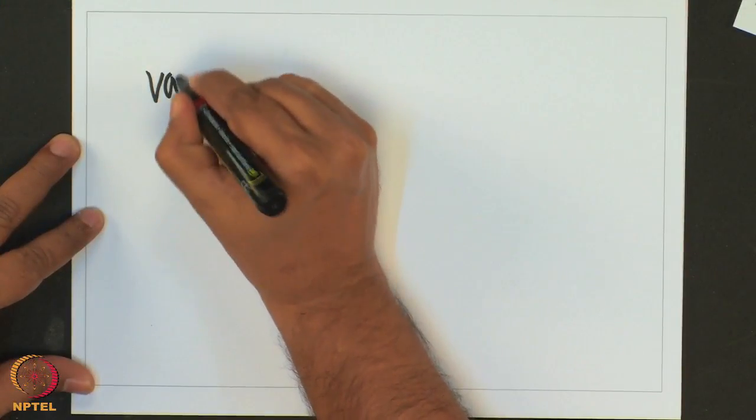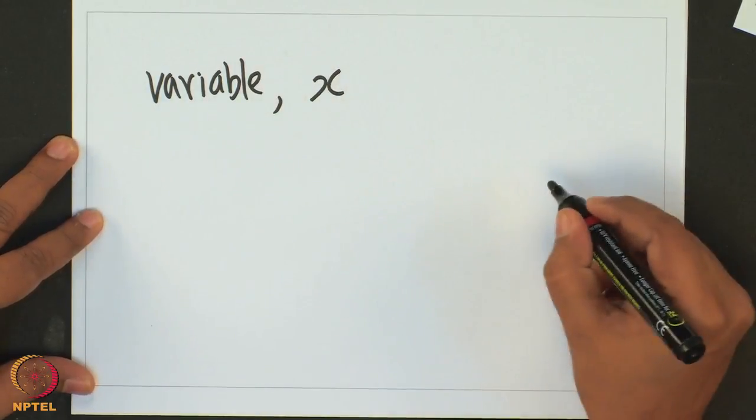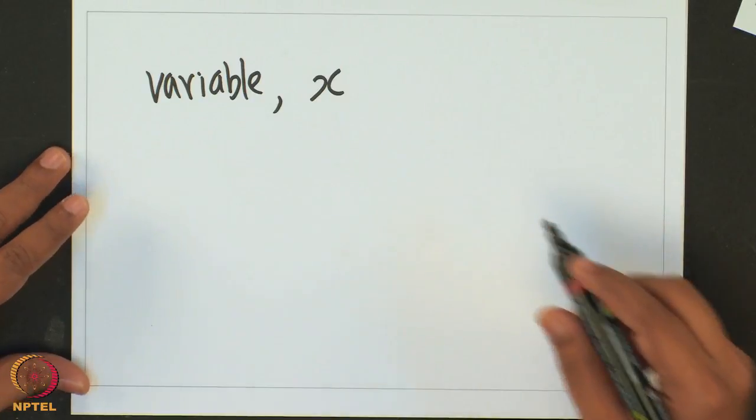So, here first of all this is x. You would have a variable x, something that you would measure. This is a continuous variable. What does that mean? A continuous variable is some quantity which can take any value, not discrete values.